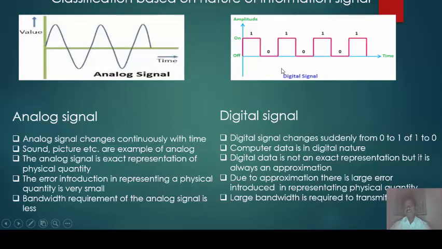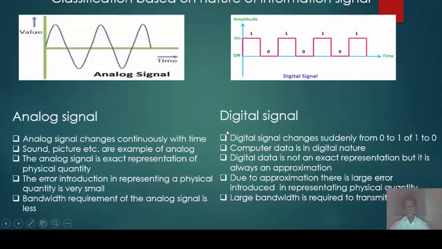The second type of signal is the digital signal, which is like this: the on-off or 0 1 type of signal. This signal also varies with time. Let us see these two types of signals. Analog signals change continuously with time, and examples are temperature, pressure, sound and pictures.